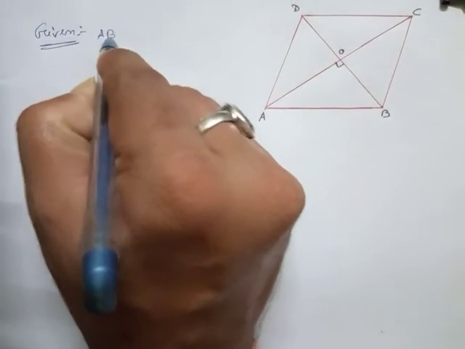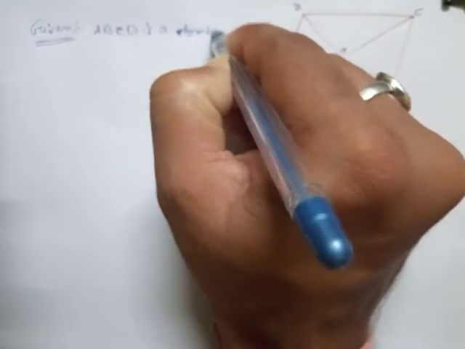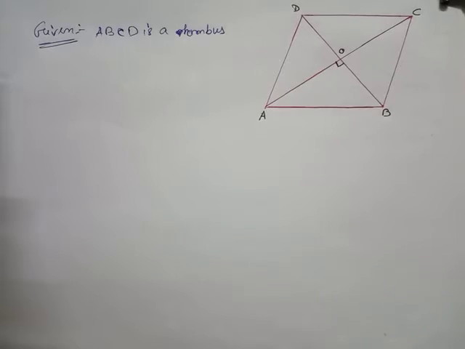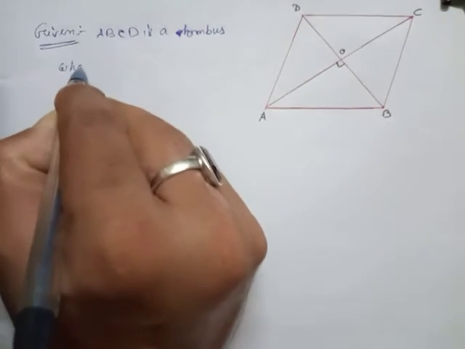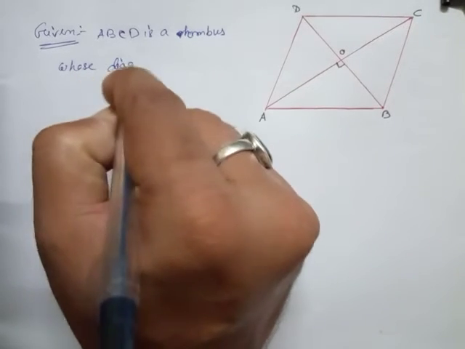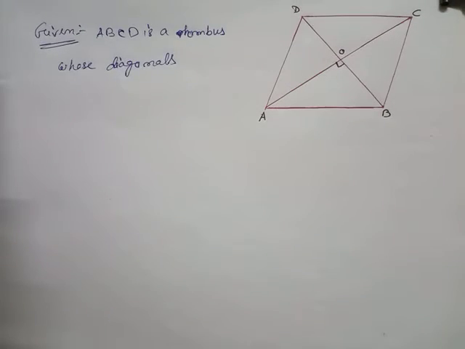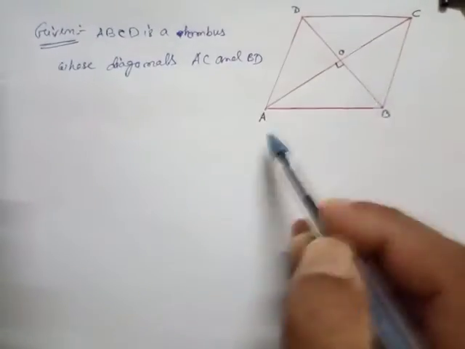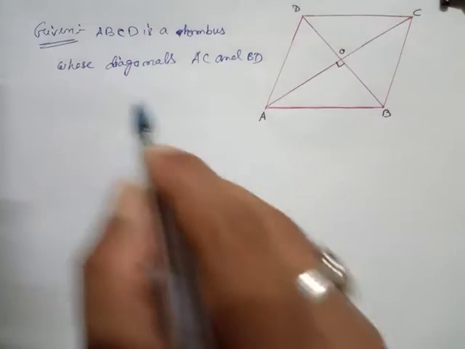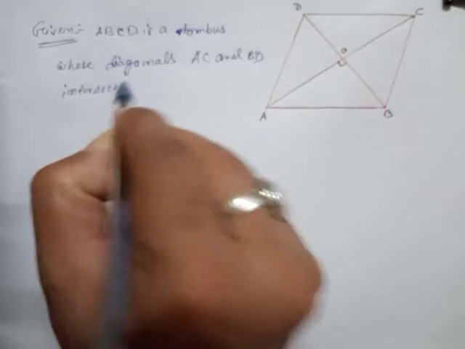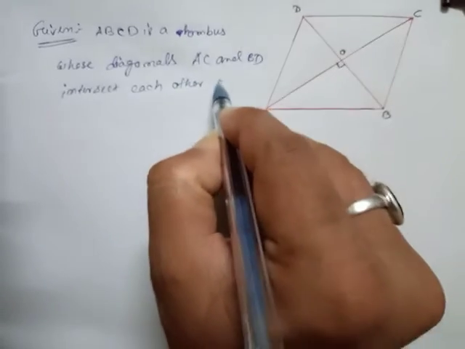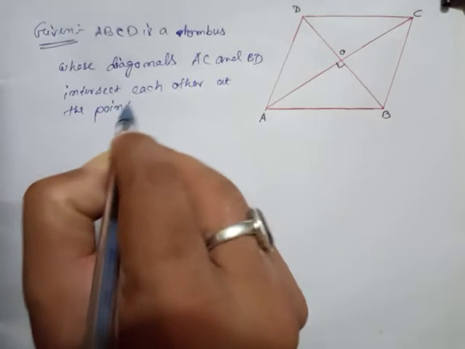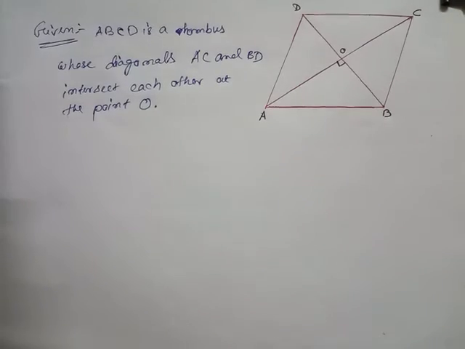We will write down here, ABCD is a rhombus, whose diagonals AC and BD intersect each other at the point O.